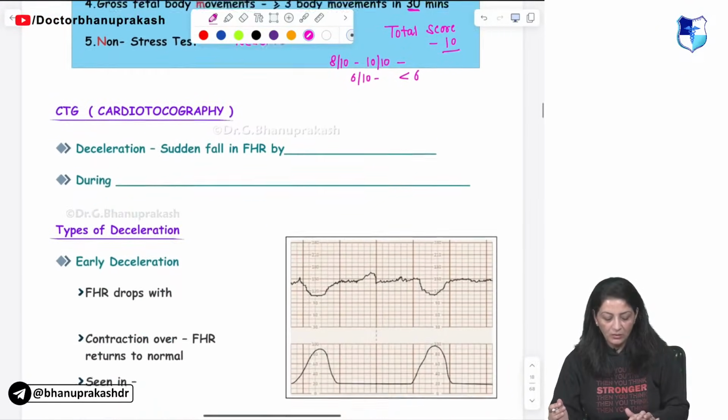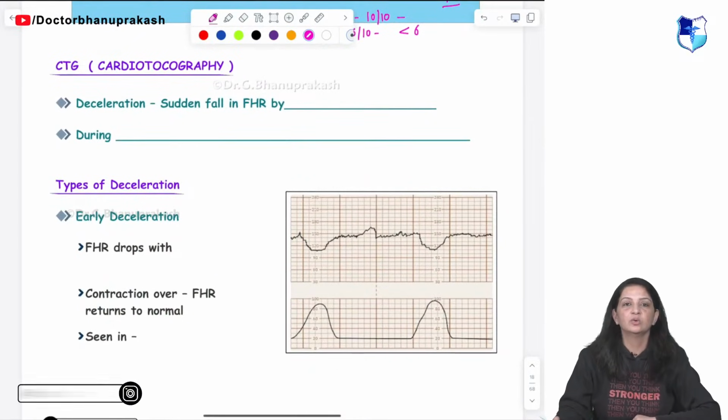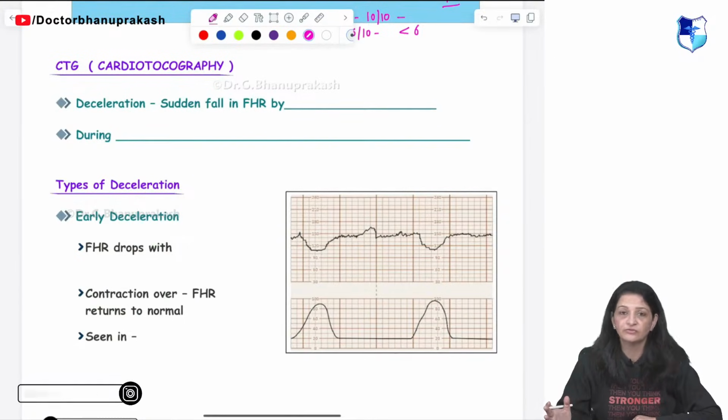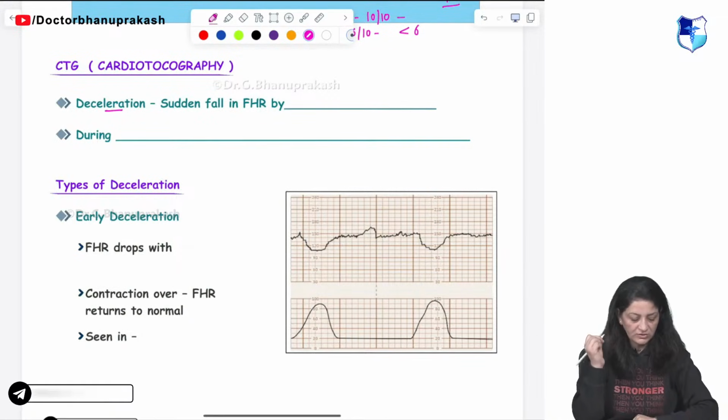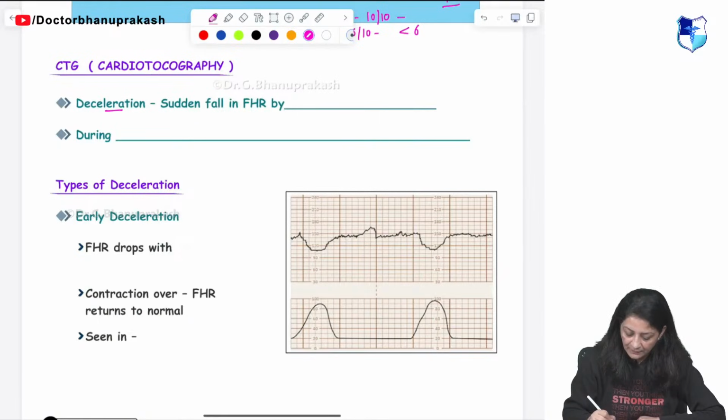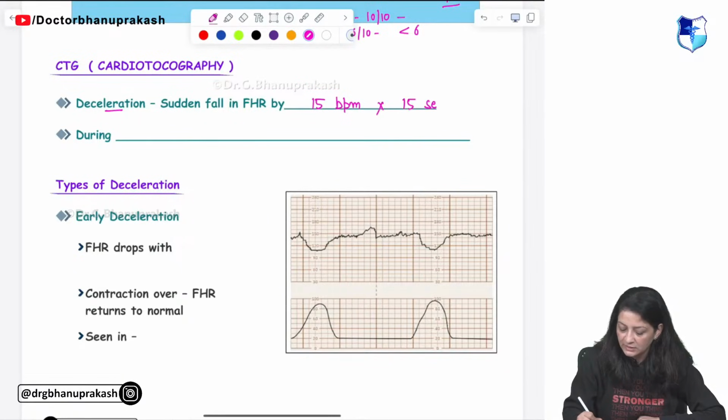Now, let's talk about CTG, cardiotocography. So, CTG is done when the patient is in labor, because labor is a very stressful condition. So what is the meaning of deceleration? Deceleration means sudden fall in fetal heart rate by 15 beats per minute for 15 seconds during uterine contractions.